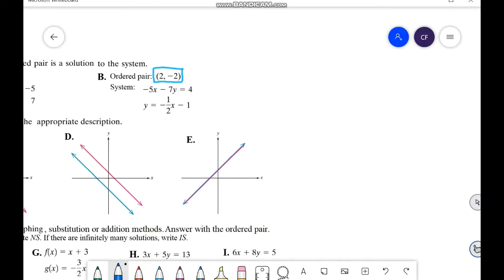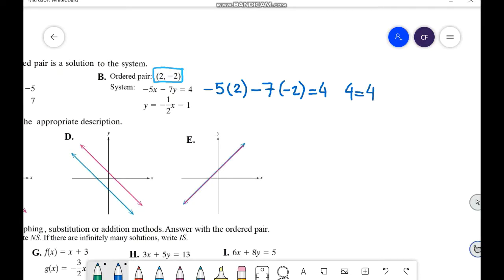Plug in x equals 2. Negative 5 times 2, negative 10. Negative 7 times negative 2, positive 14. Positive 14 minus 10, 4. That means 4 equals 4.